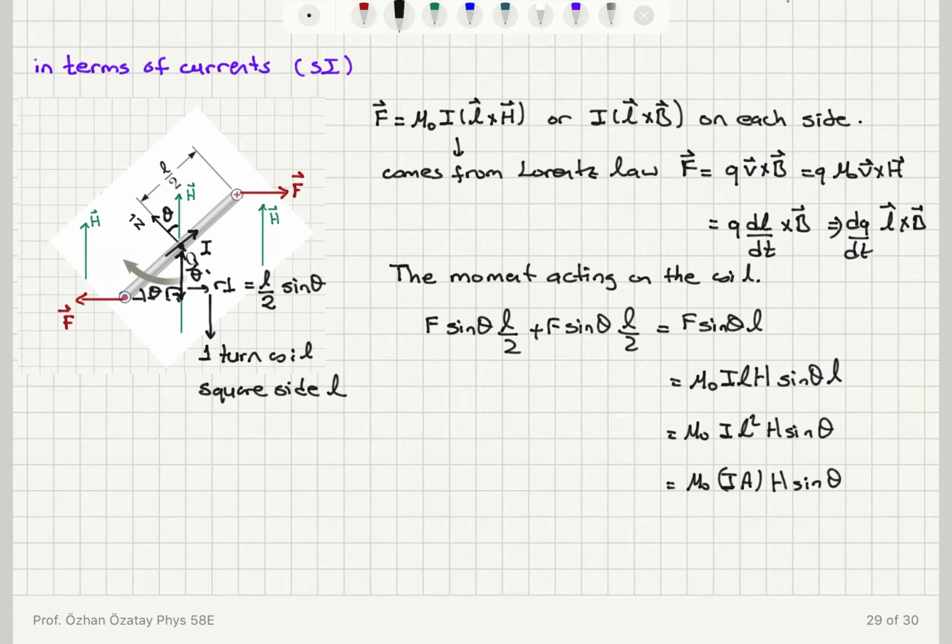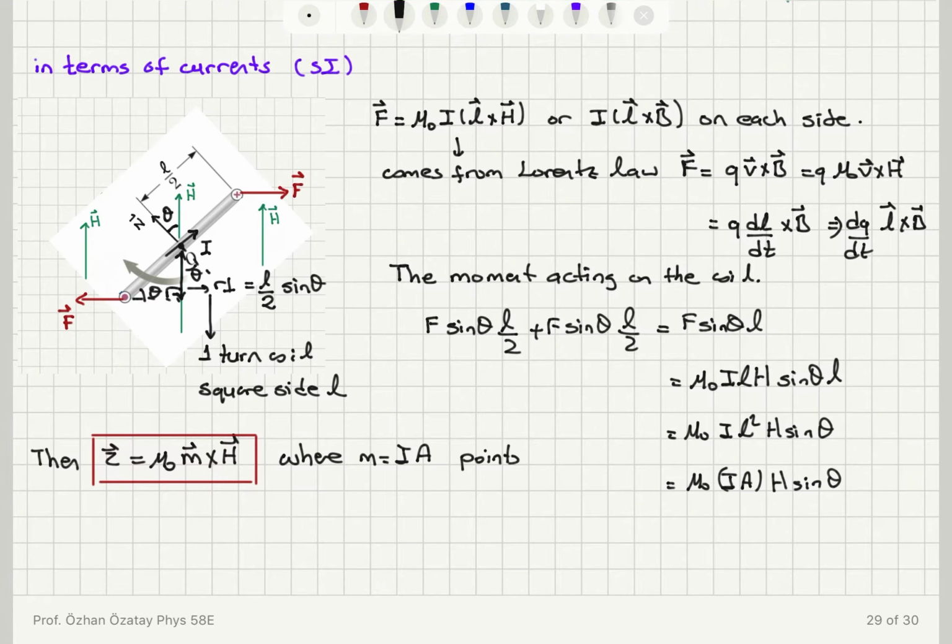So we can write this torque as mu 0 m cross h, where m is defined as a vector that points in the normal direction, in the area vector direction, where the magnetic dipole, a magnetic moment, m is defined as current times the area, points in the direction of the field produced by the coil.